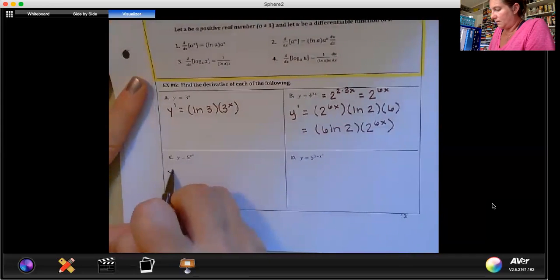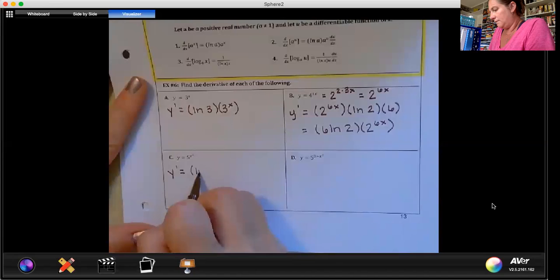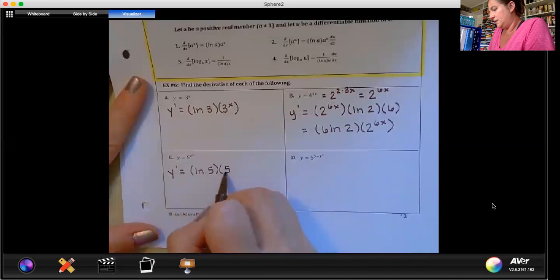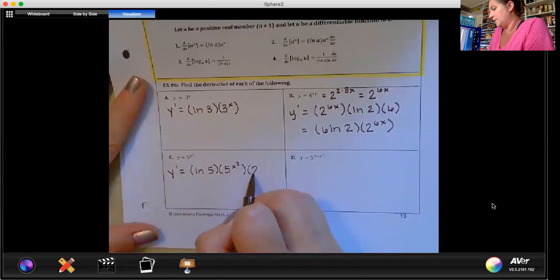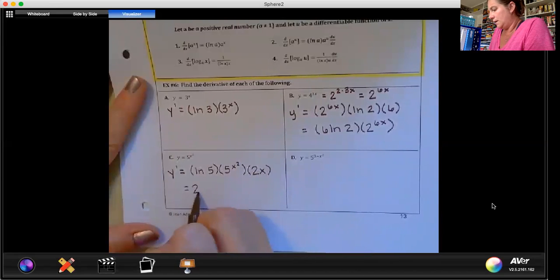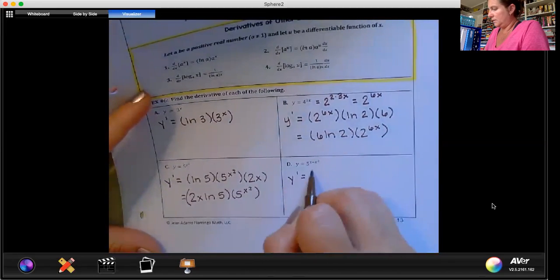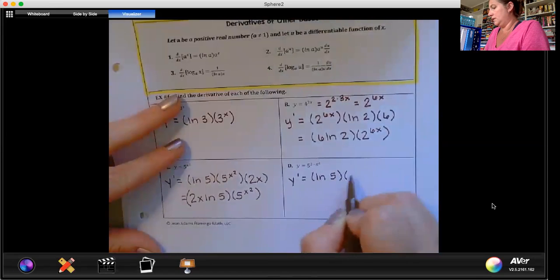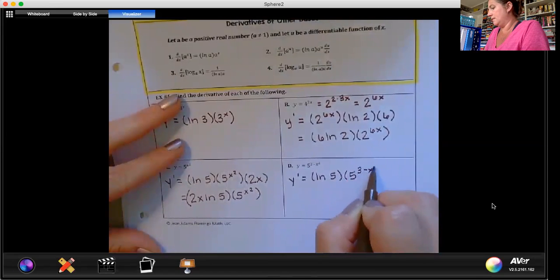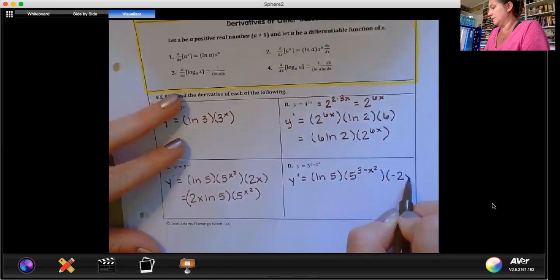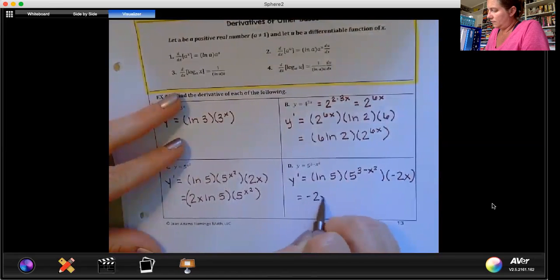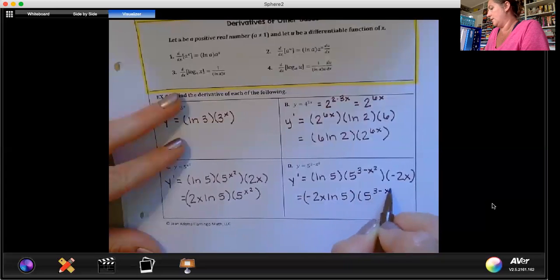5 to the x squared, y prime equals ln 5 times 5 to the x squared times the derivative of x squared. So 2x ln 5 times 5 to the x squared. And then dy prime is ln 5 times 5 to the 3 minus x squared times negative 2x. Negative 2x ln 5 times 5 to the 3 minus x squared.